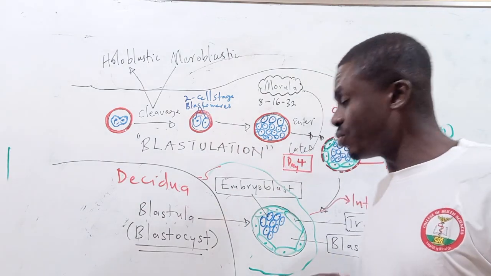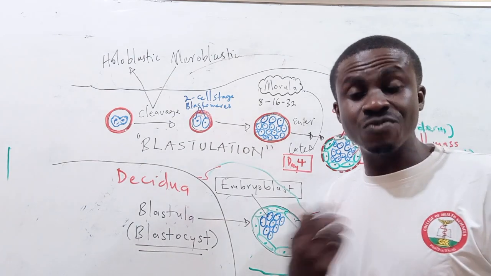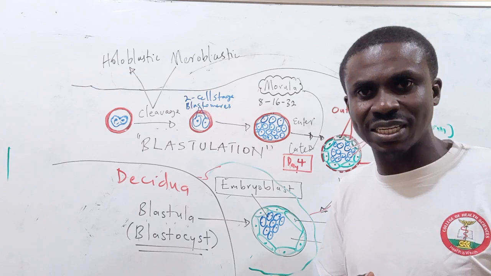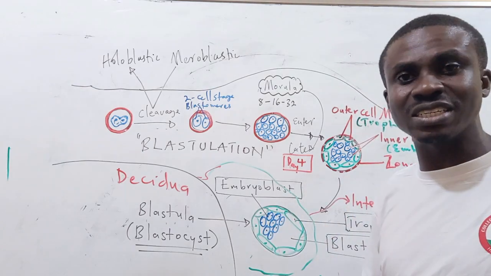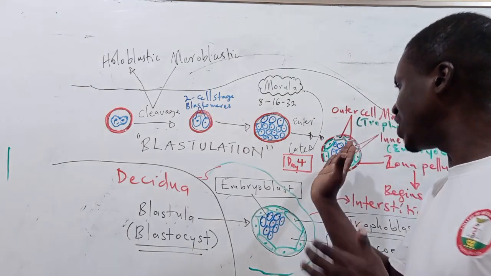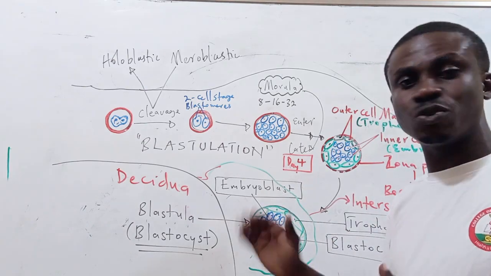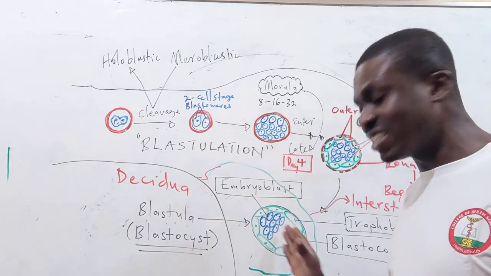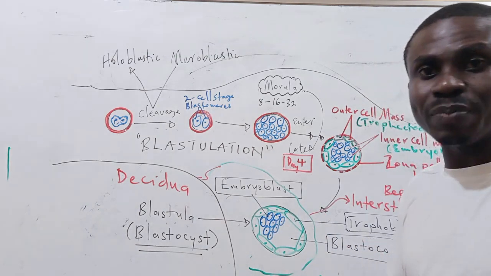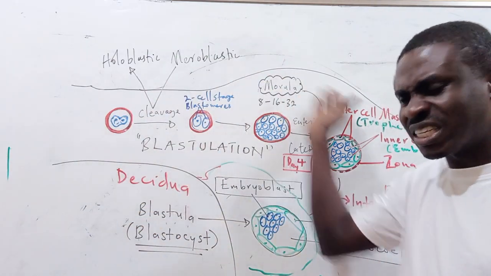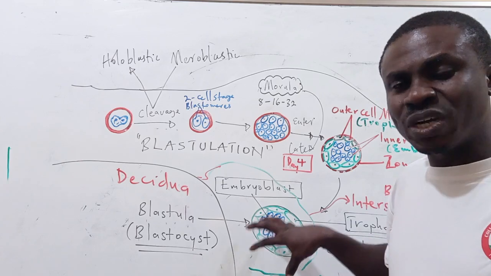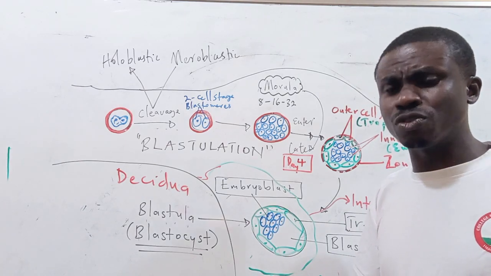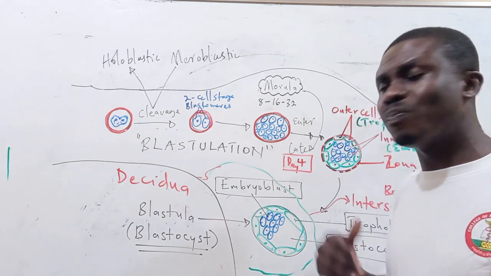I told you that the outer cell mass will give rise to the trophectoderm, which also differentiates to become the trophoblast, capable of making some fluid, which will push the cells of the inner cell mass, which will be the embryo proper, to one side, creating a cavity, which I call the blastocyst. All these processes leading to the formation of the blastocyst which will be implanted are called blastulation.